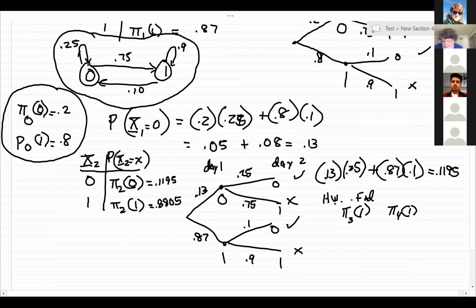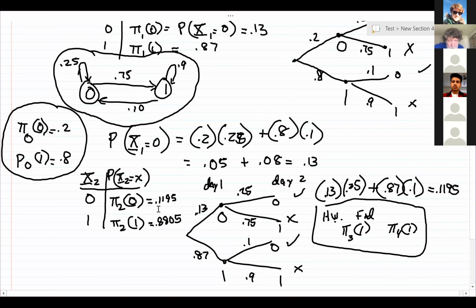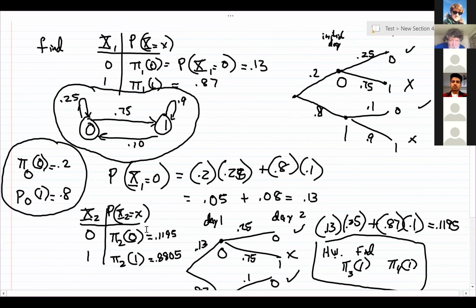So I'm asking you to do this process two more steps. Okay, that's homework. What are you assuming? You're assuming everything I'm assuming here. If you want, you can assume this table right here. That would be a fair assumption. And these transition probabilities, and do the same technique 2 more times to get these probabilities.